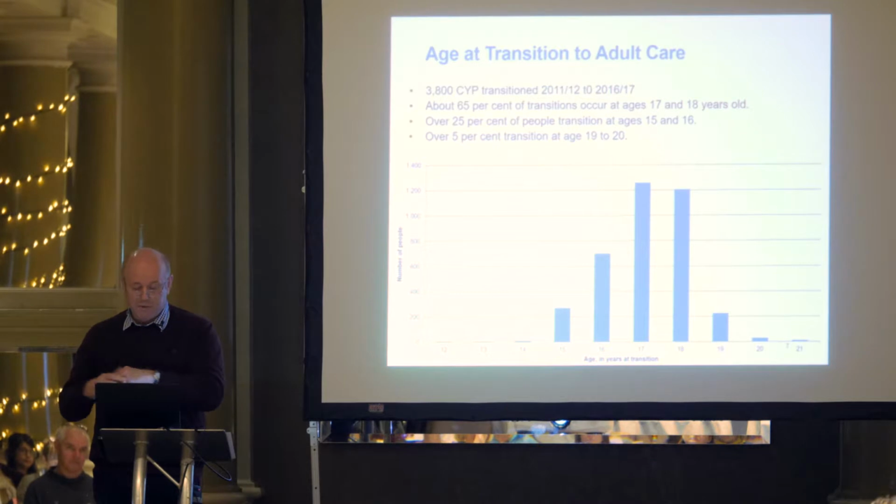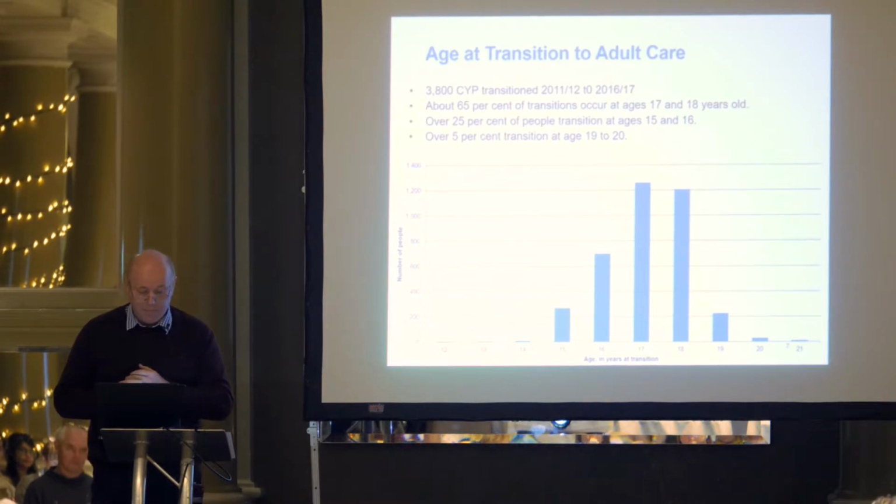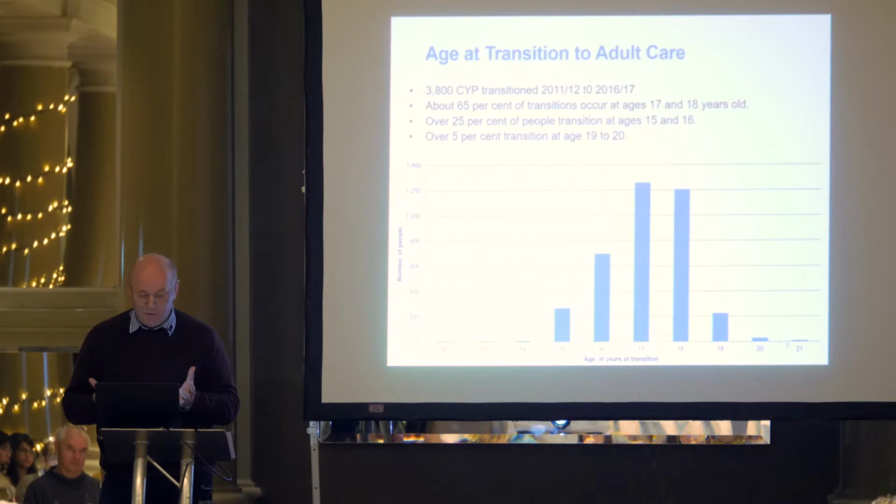We've actually got data up to 3 years, but the numbers begin to drop off a little bit at 3 years post-transition. You can see around two thirds of them are transitioning sometime around the age of 17, 18, a quarter are below that in the 15, 16 age group, and a few are up in the 19s and 20s.